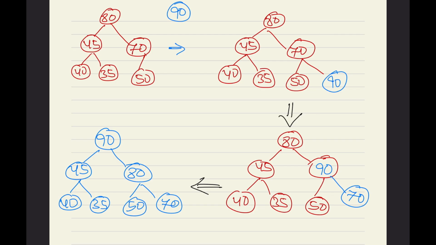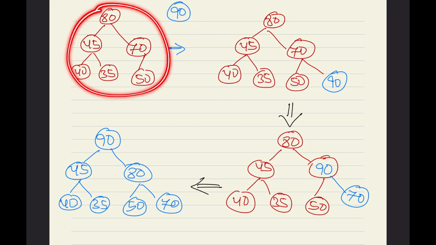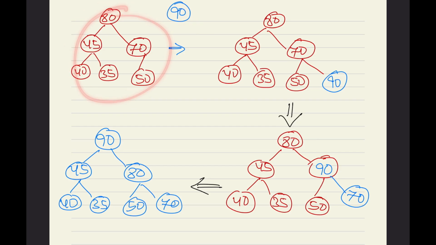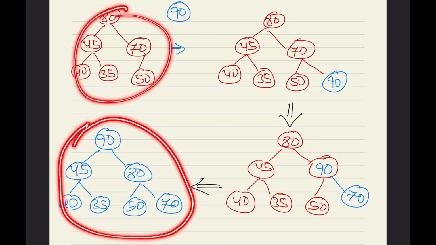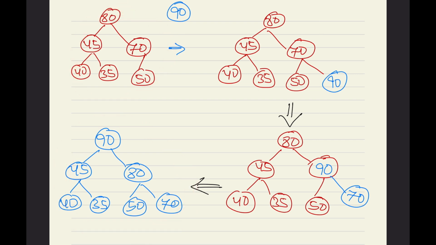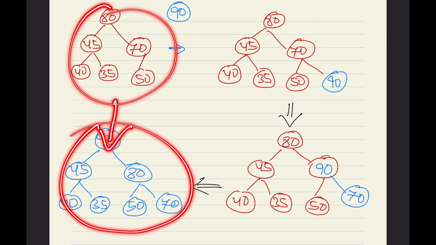So when we insert the new element 90 into an existing heap, after insertion we got this as the final heap structure.